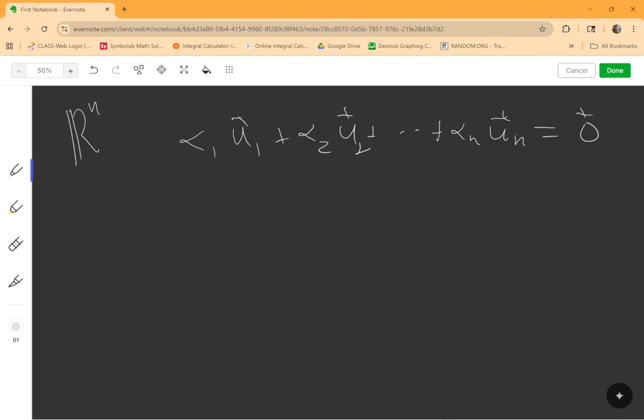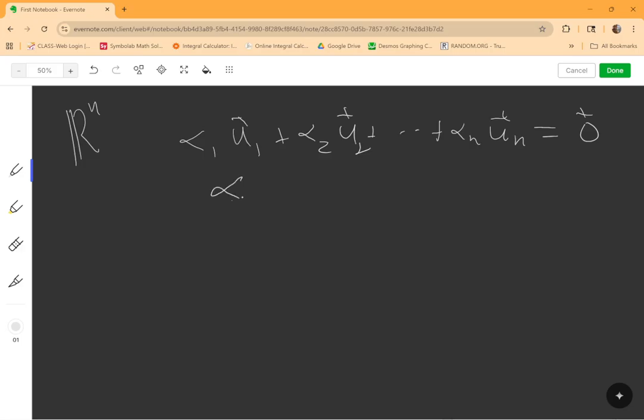Now, if only the trivial solution existed, again, because this will always have a solution, if alpha 1 through alpha n were all zero, that would make the statement true. That's what's called the trivial solution.